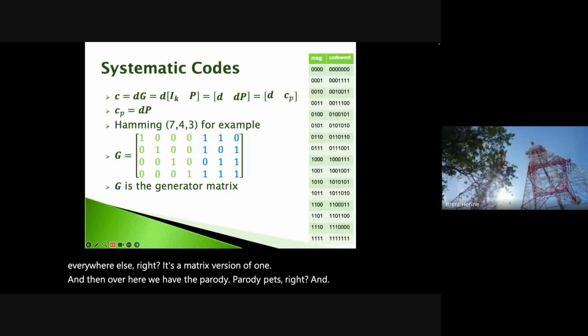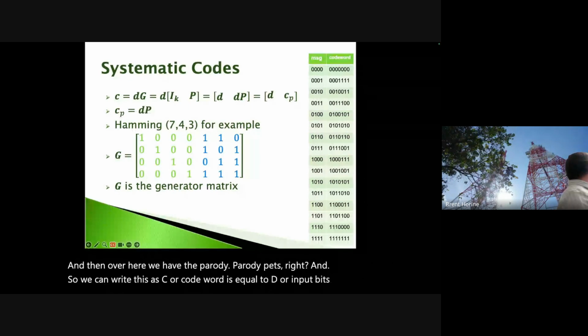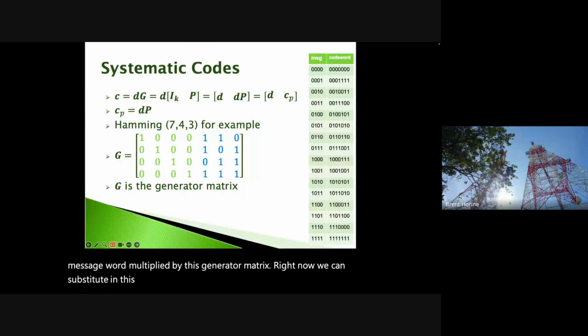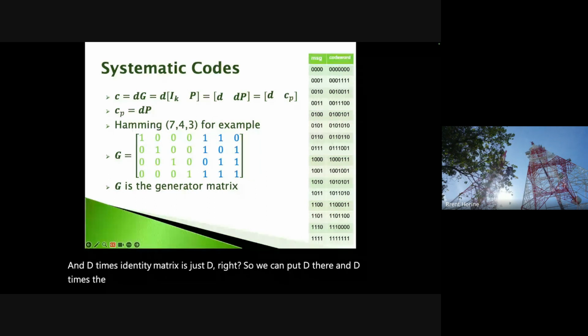so we can write this as C, our code word, is equal to D, our input bits, our message word, multiplied by this generator matrix, right? Now we can substitute in this G with the k-dimensioned identity matrix and the parity matrix. And then we can multiply this through, and D times identity matrix is just D, so we can put D there, and D times the parity matrix we'll write as DP.